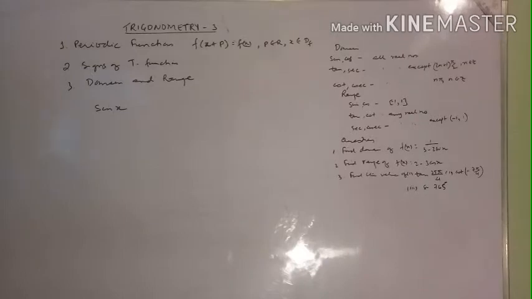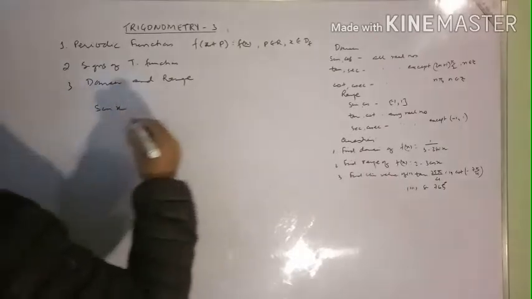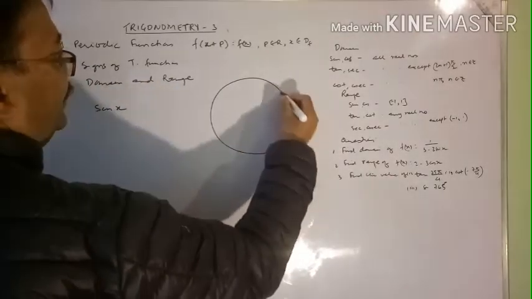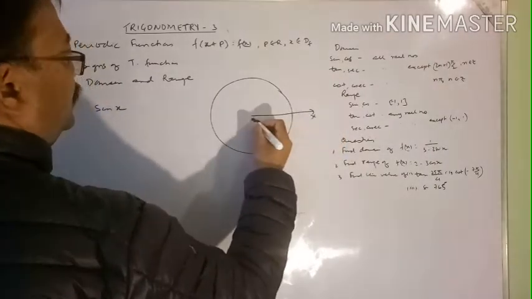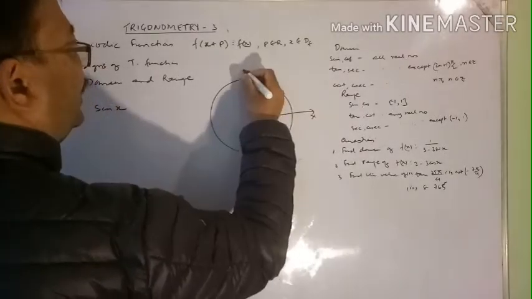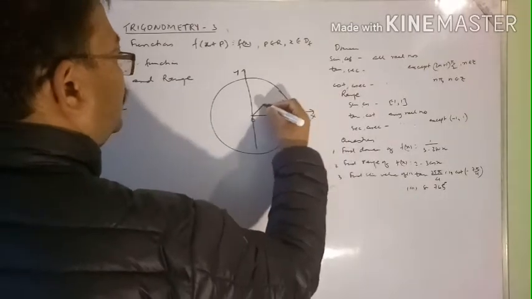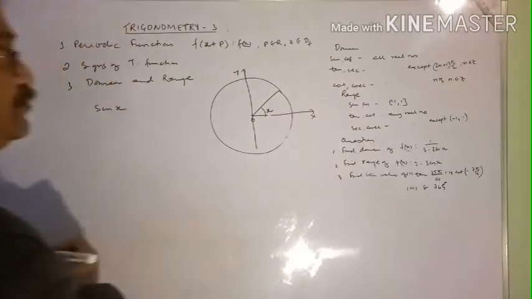All right, so here you see, let's take a circle here, it will be easier to understand. Okay, this is x, this is O, this is the y-axis. Suppose here this angle is x.